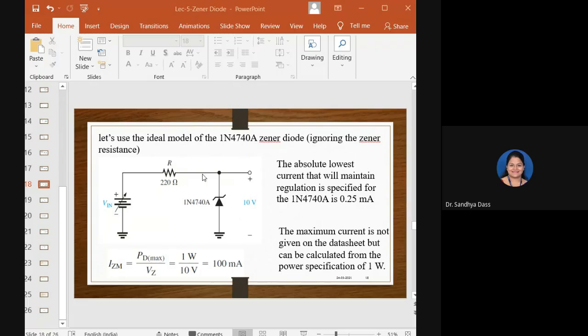So according to this circuit, what can be the range of voltage that can be applied so that the voltage across the Zener diode can be maintained constant at 10 volts? Okay, that is what we discussed. So to do that, what did we consider? We considered the different range of currents that can be allowed in the circuit because of the Zener diode.